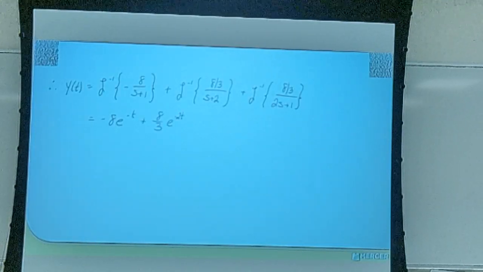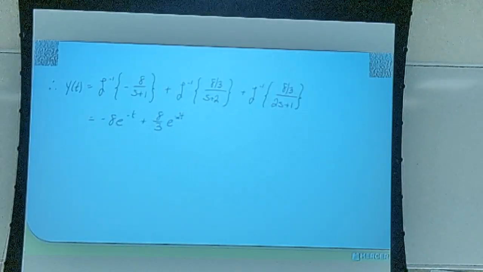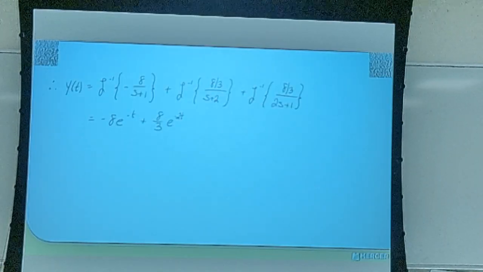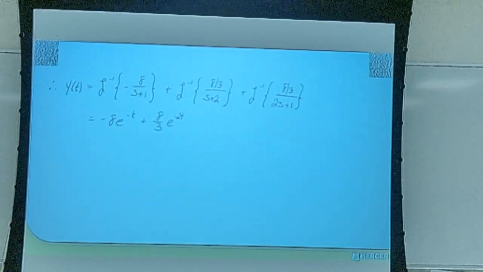What is the third transform? Eight sixths e to the negative a half t.